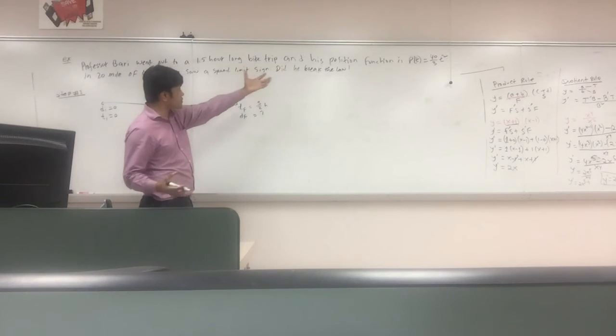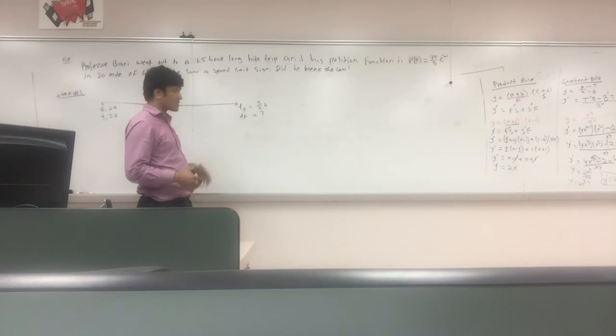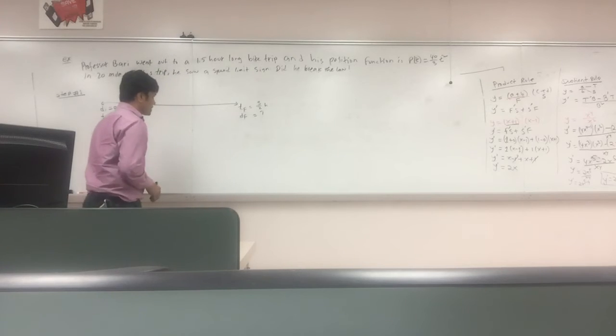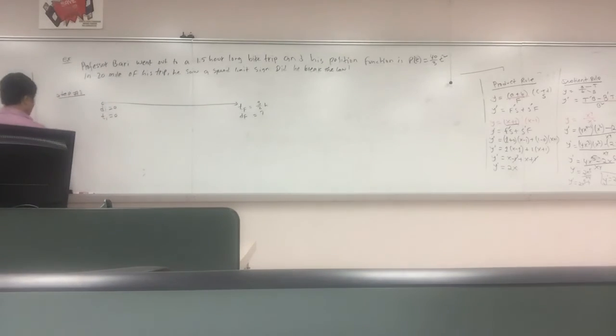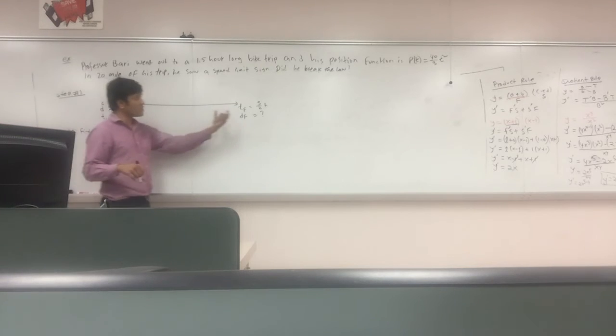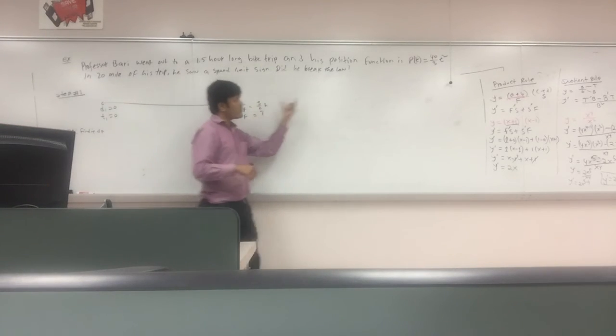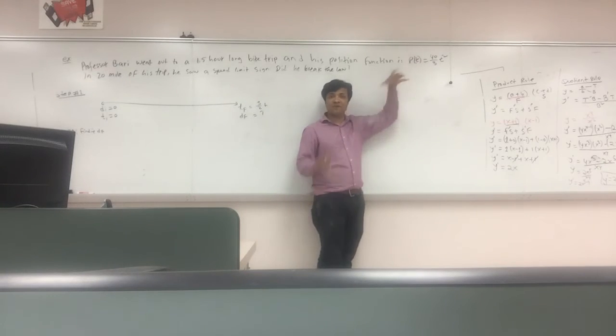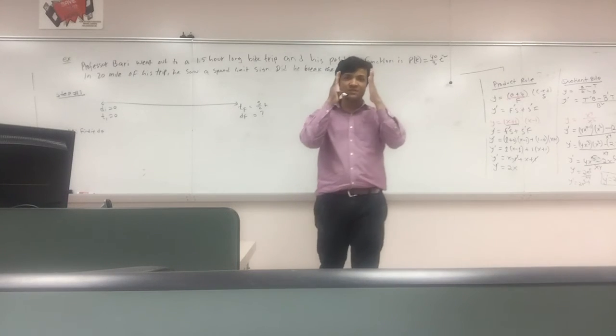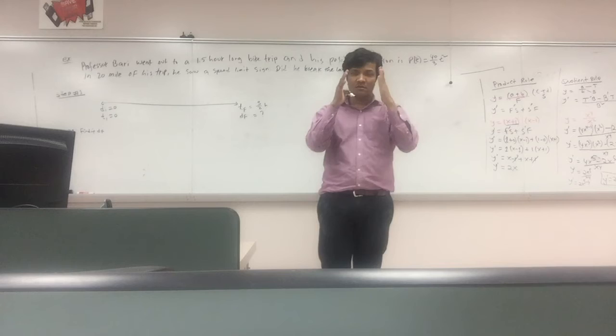It's very easy to find out since we have the position function. Step 2 is finding d final. As long as we know the time, if we put the time inside the position function, that gives us the final distance.